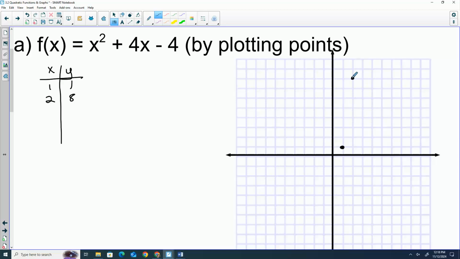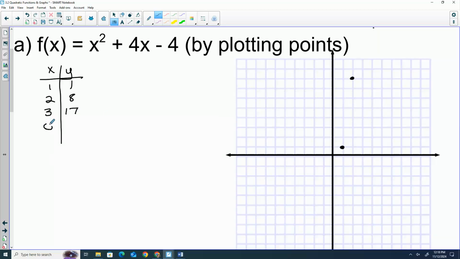So 2, 8. Okay, what should I put in next? 3. So 3 squared is 9, plus 12 minus 4, 17. So 3, 17 went off my graph.